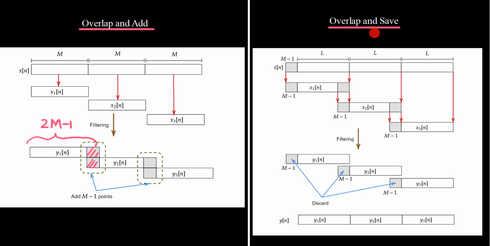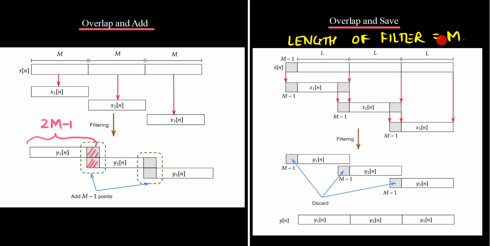But in the case of the overlap and save method, we split the signal into L length sequences, and we consider the length of the filter as m. This L may not be equal to m. It may be equal to m, but it's not compulsory.